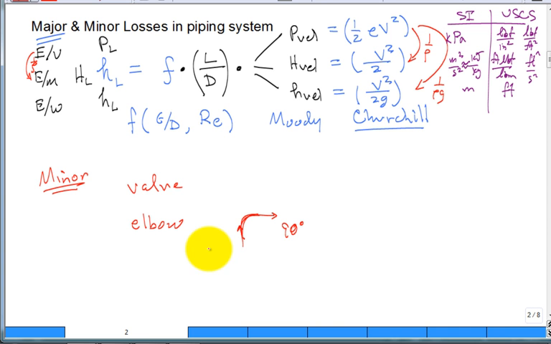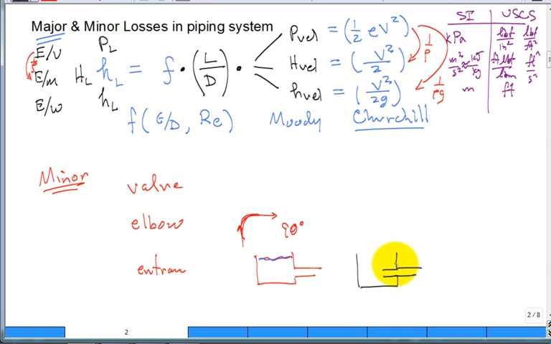All right, maybe you have an entrance into a pipe. So I have a tank, it's full of fluid, and then I have a pipe, and that fluid is going into that. It's an entrance loss coefficient. That entrance loss will be different if it's sharp-edged, flush, which is very, very common, or if the pipe is protruding into the tank.